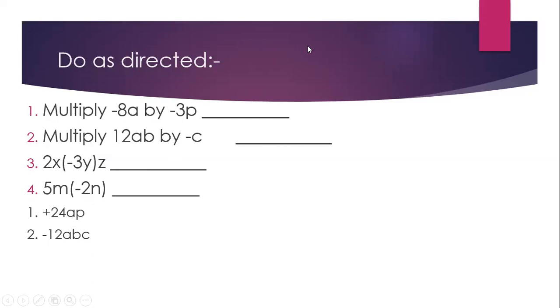Now, Murtaza and Nuseba, share answer number 3 with me. Quickly share your answers, everybody.